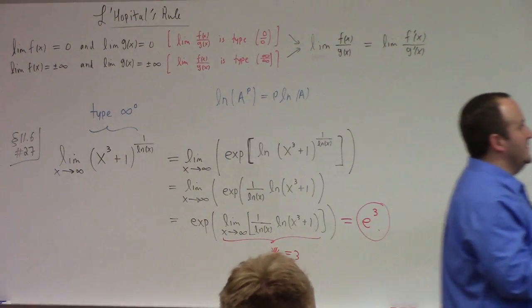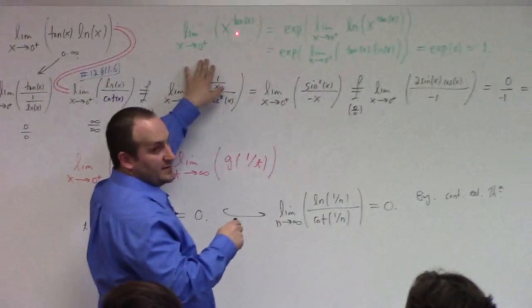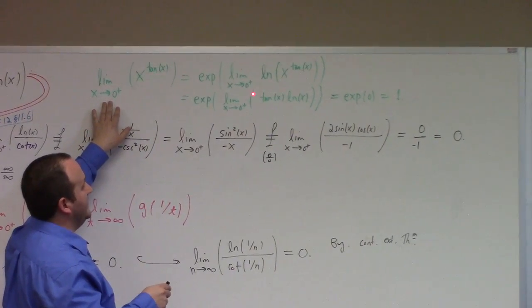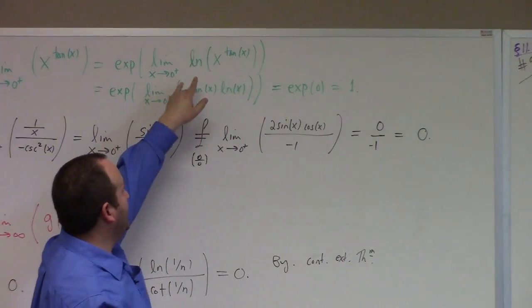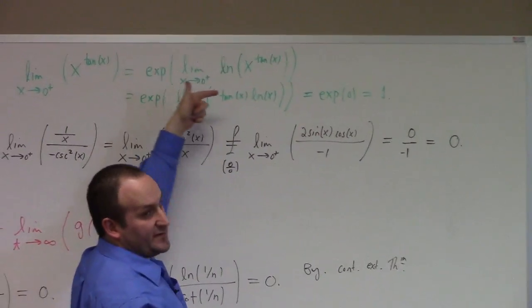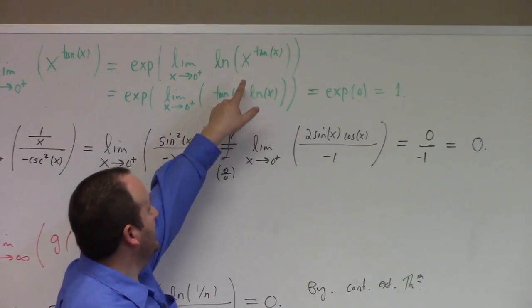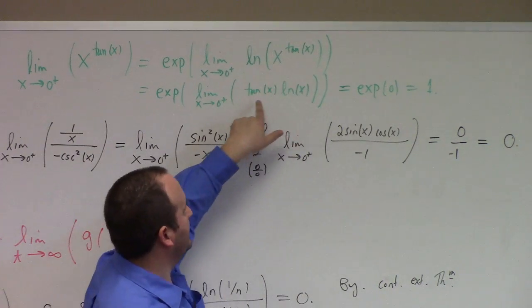Here's another one. If I was looking at the limit as x goes to 0 from the right of x to the tangent x, what do I do? I take this, put an exponential and a log in. I pull the limit out. I skip the step now, you see? So I just went ahead and put the limit inside the exponential. I have exponential, the natural log of that. But then the properties of log bring down the tangent.